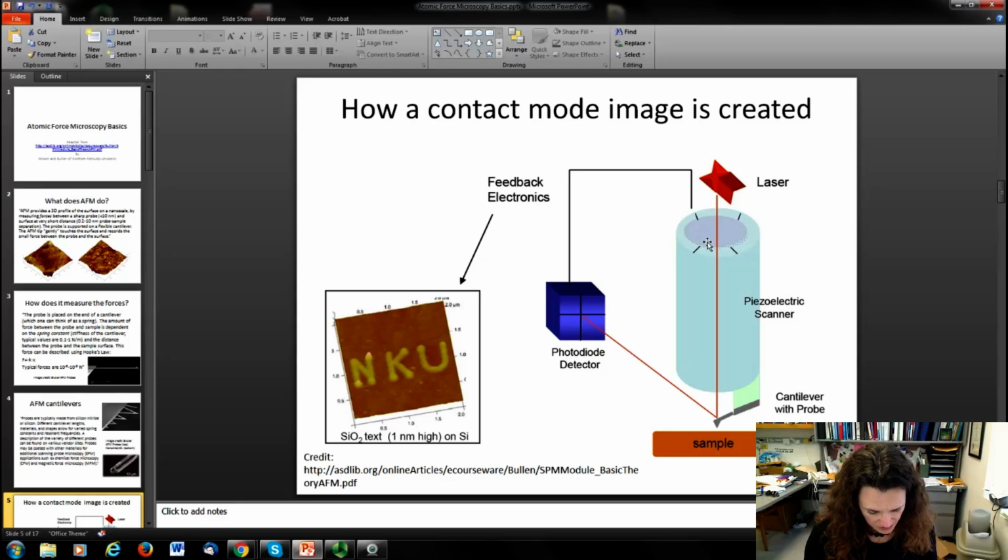And then the deflection of the probe is measured by a beam bounce method. So you have a laser that's bounced off the back of the cantilever onto a position-sensitive photodiode detector that usually has 4 quadrants.